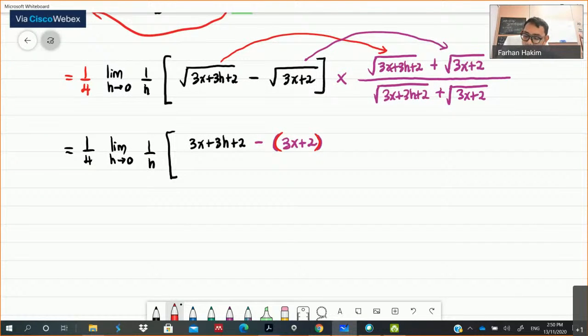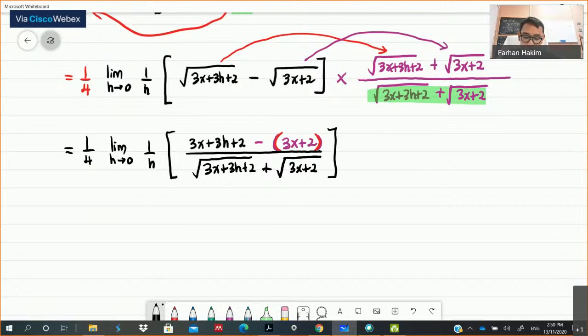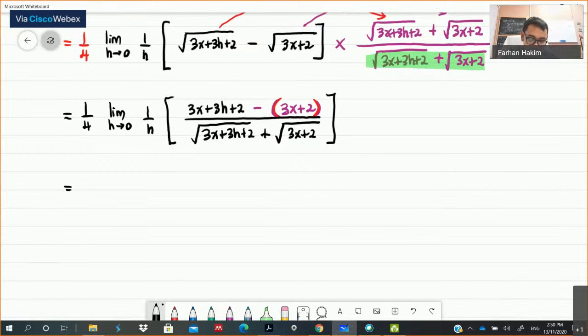So the one at the denominator, I'll just copy it. All right, so it does not involve in that multiplication at all. So that square root of 3x plus 3h plus 2 plus the square root of 3x plus 2. Okay, so we try to simplify this. So we'll have something like 1 over 4 limit of h approaching 0, 1 over h.